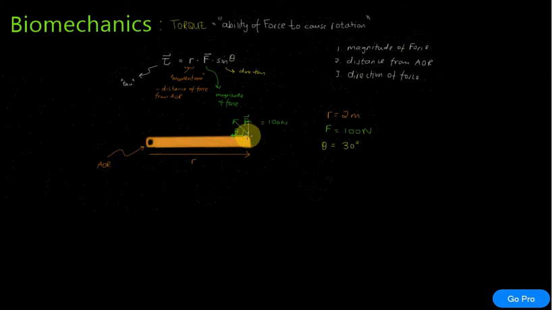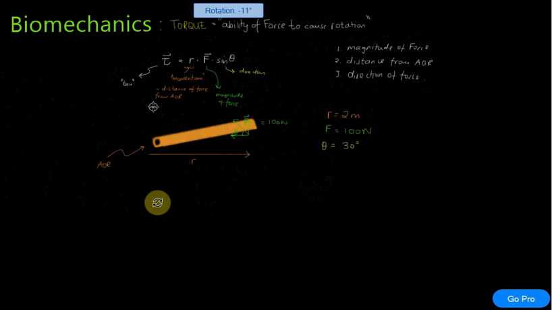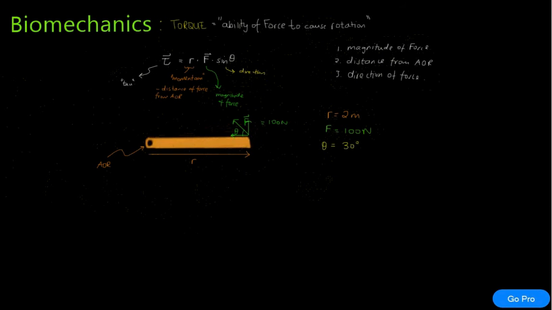And what you'll notice is it's only this vertical component, or the perpendicular component of the force to the axis of rotation, that will cause any rotation. So it's only this component of the force that's going to cause this particular door to start rotating, right? Really important aspect to become familiar with. Okay.